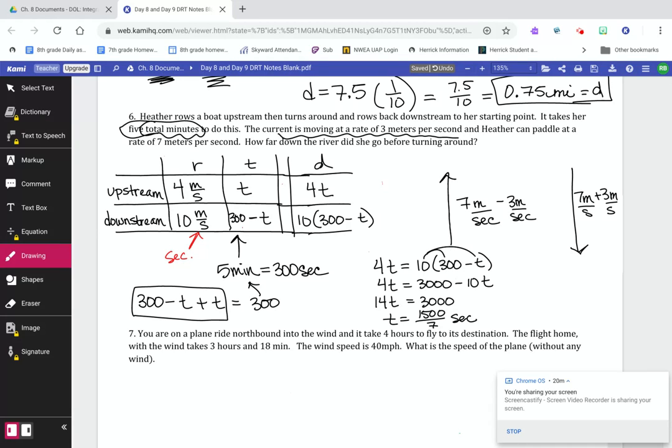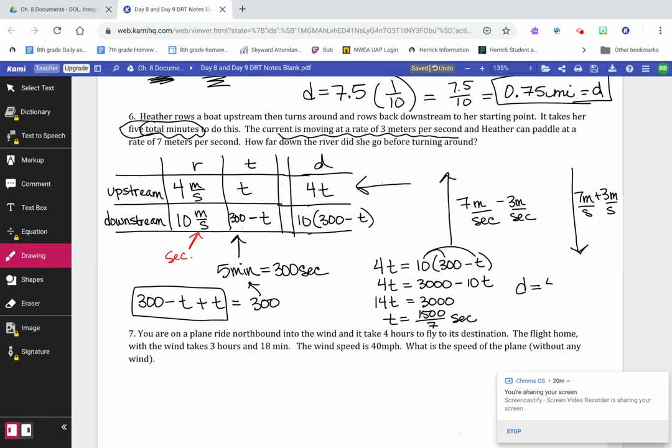Instead of throwing that into your calculator quite yet, it says how far down the river did she travel. So this is time, but I want to know how far, the distance they travel. Well, she traveled down and then back. So distance would be one of these because that's half of the trip.